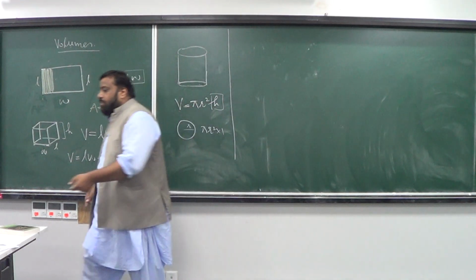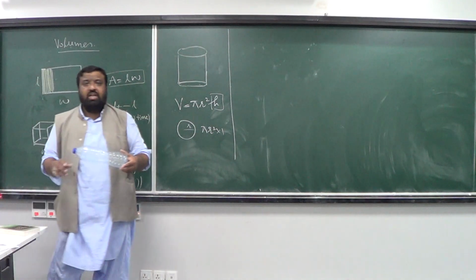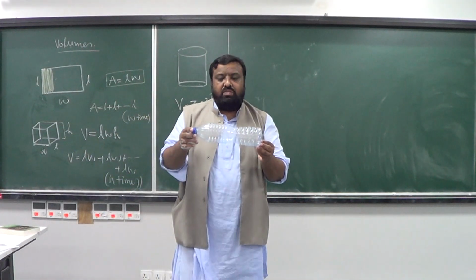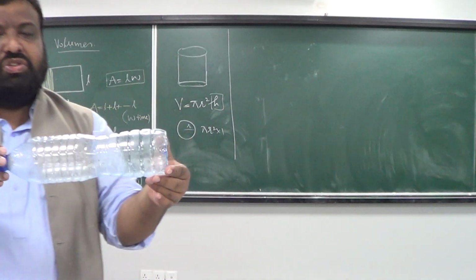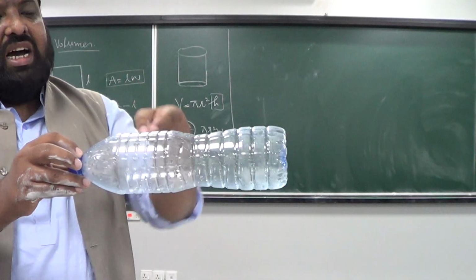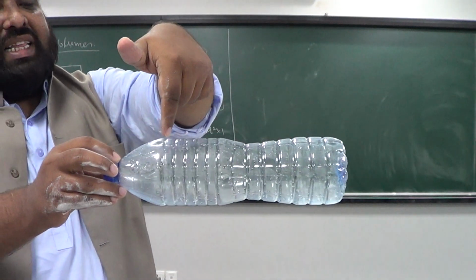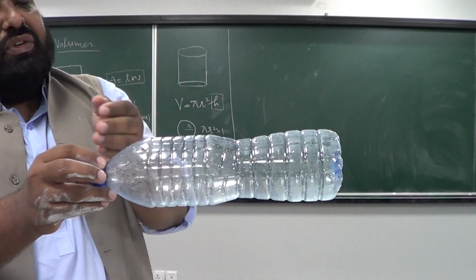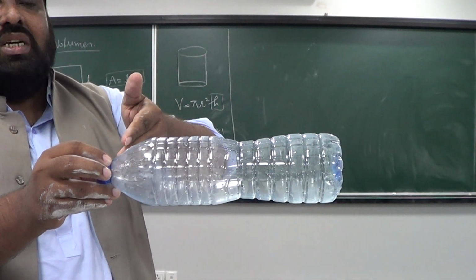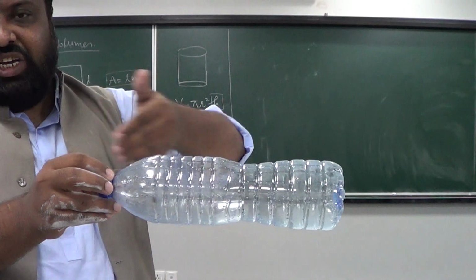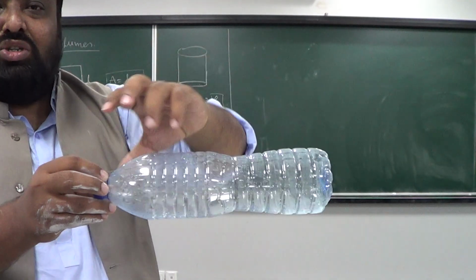For example, I can talk about the volume of this bottle. If I come closer, I hope it is visible. If you consider this bottle as one single piece in which you can fill liquid or things, it encloses a volume.